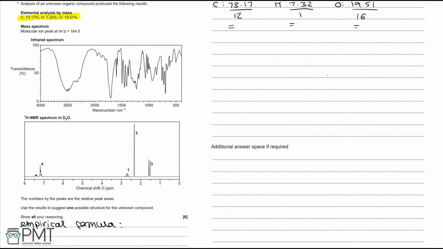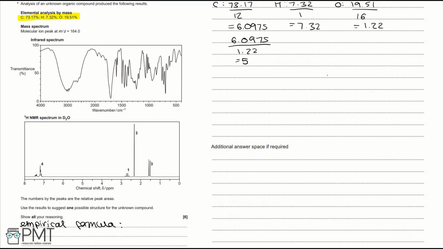So for carbon, we would equal 6.0975. For hydrogen, we would equal 7.32. And for oxygen, we would equal 1.22. So the smallest is 1.22. So we need to do 6.0975 divided by 1.22.